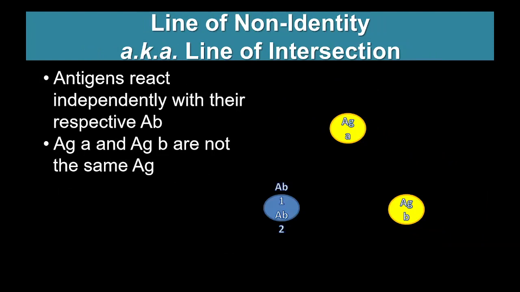Last is the line of non-identity, also known as the line of intersection. Again, we have three wells cut in our gel. However, in this setup, the antibody well contains a mixture of different antibodies, antibody 1 and antibody 2. Then we have two wells for our antigens.